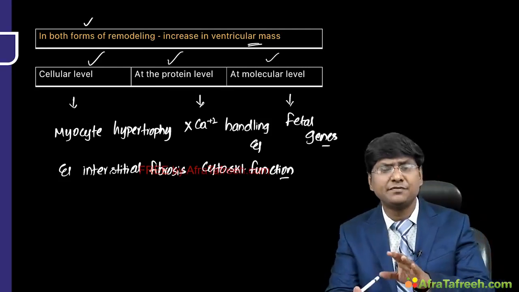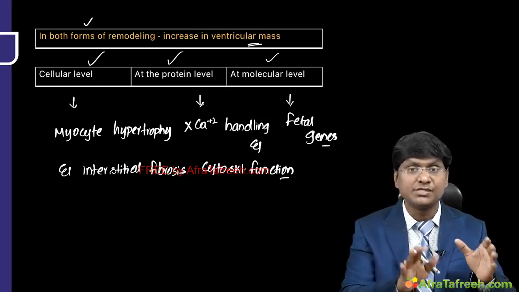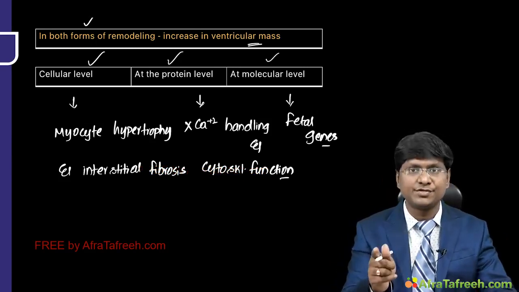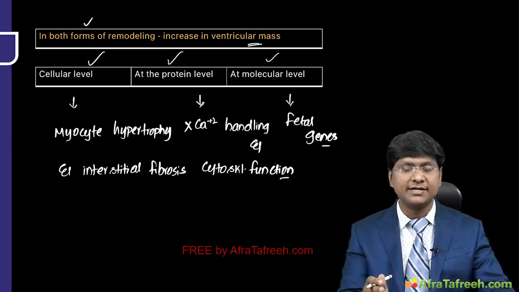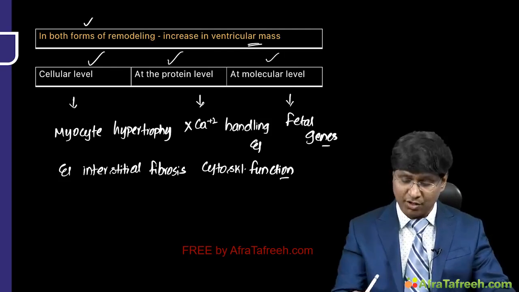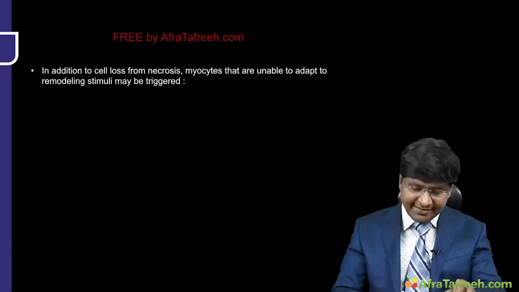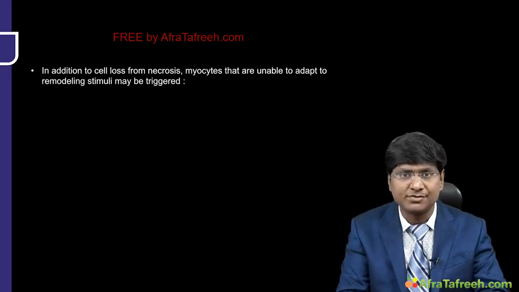Excessive expression of the fetal genes will cause impairment of calcium handling, and that will cause the cardiac remodeling. So at the cellular level it is hypertrophy and fibrosis; at the protein level, impairment of calcium handling and cytoskeletal function; and at the molecular level, re-expression of the fetal genes. Now, in these myocytes, definitely there is necrosis of the myocytes.